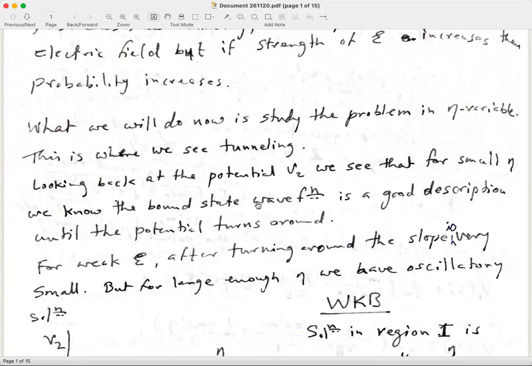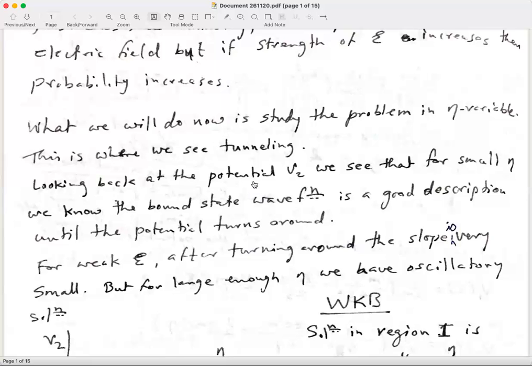The region in between, the potential barrier, is a region in which the solution would have a decaying form, and we need to match that wave function in the classically disallowed region with the wave functions in the classically allowed regions. One classically allowed region is small eta, where the bound state wave functions are. The other is the large eta region, where the electron is supposed to be a free particle.